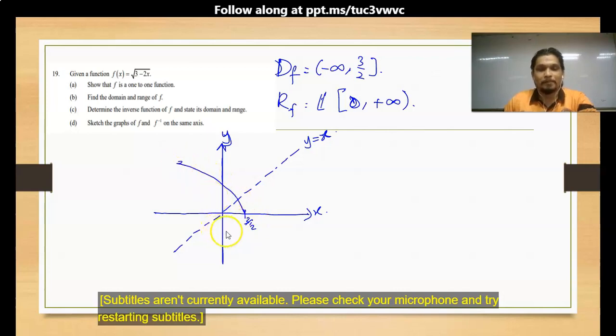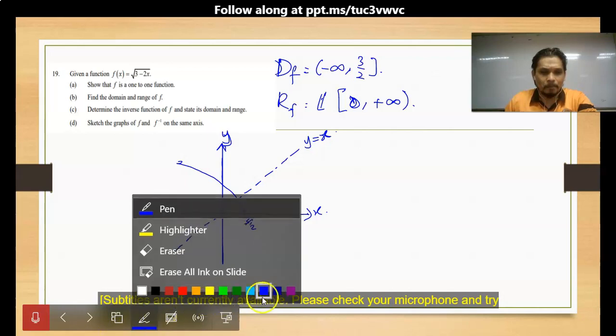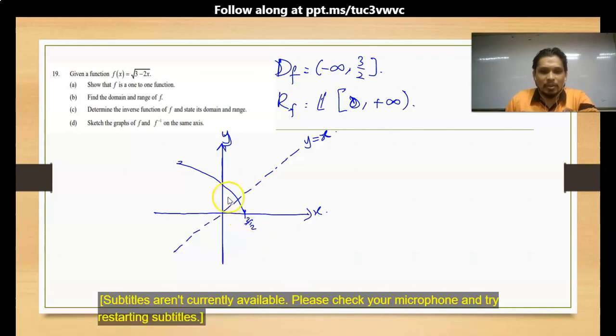Now, if I bring this 3 over 2 here, and this intersection here, it's going to be something like this.